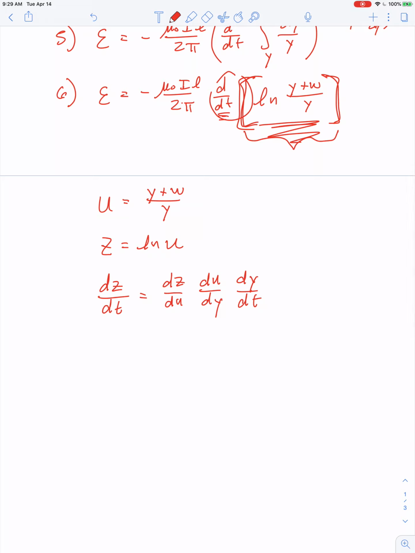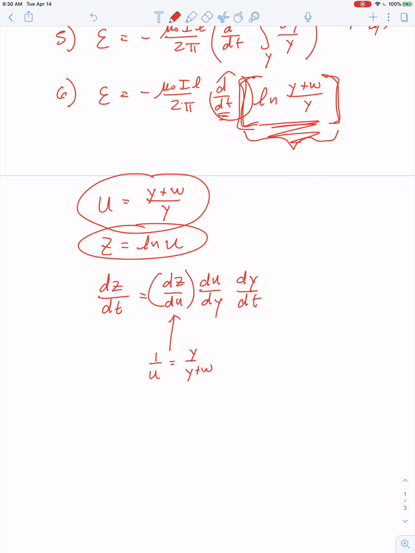Well, let's see. dz/du, if z is the natural log of u, then dz/du is just 1 over u. But we've already defined u as (y plus w) over y, so 1 over u is y over (y plus w). Okay, so we've got part of it.